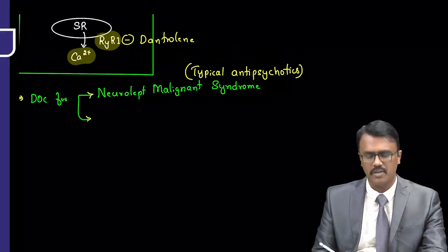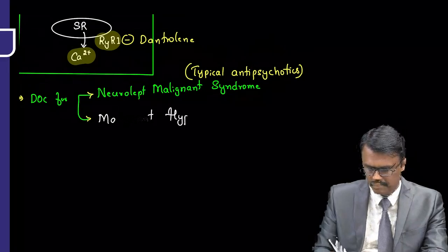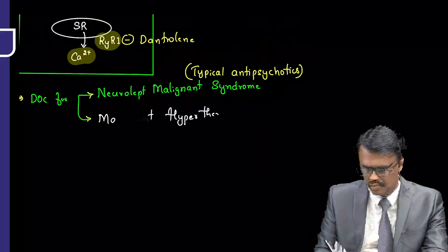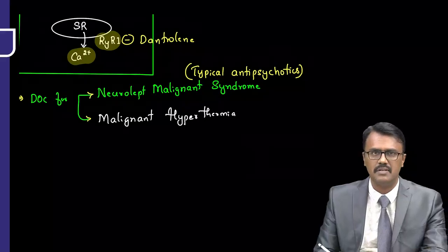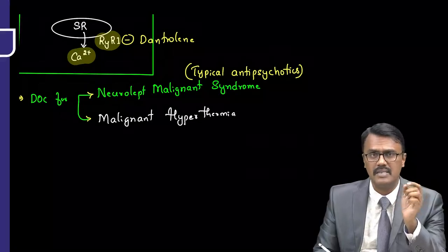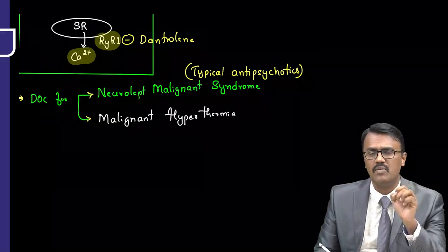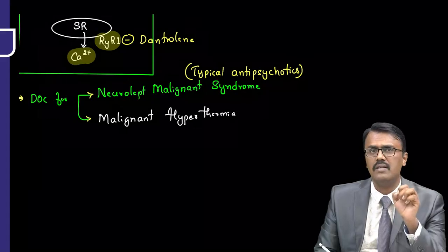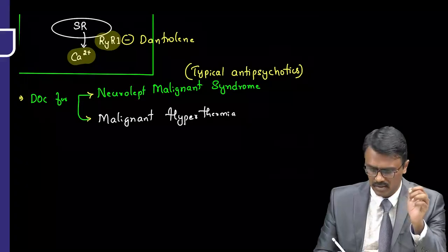One more condition it is a drug of choice is a condition called malignant hyperthermia. So what is the problem in malignant hyperthermia? In certain individuals, there is a defective ryanodine receptor, that means they are hyperactive. They start releasing more and more calcium. This happens whenever anesthetics are given, for example, inhaled anesthetics like halothane, or whenever the muscle relaxant like succinylcholine is given.